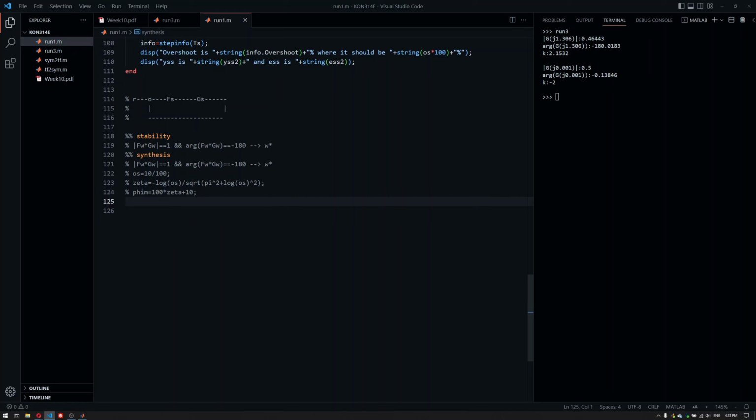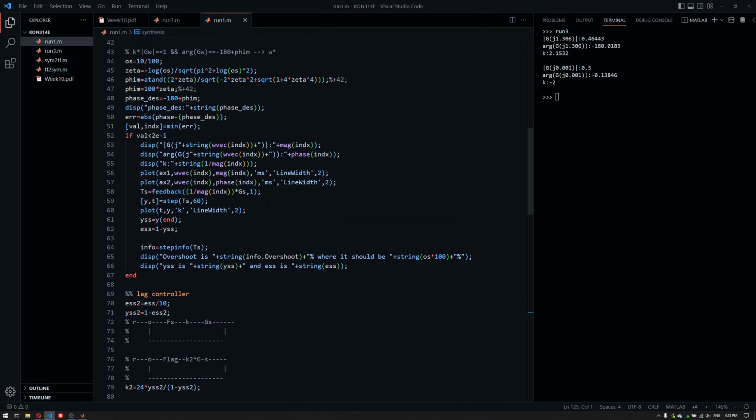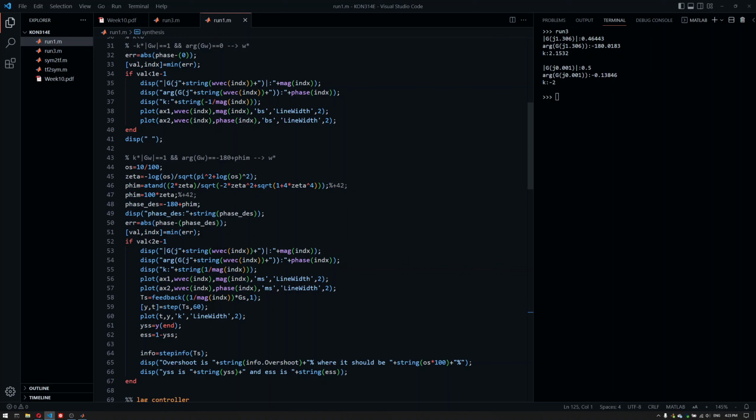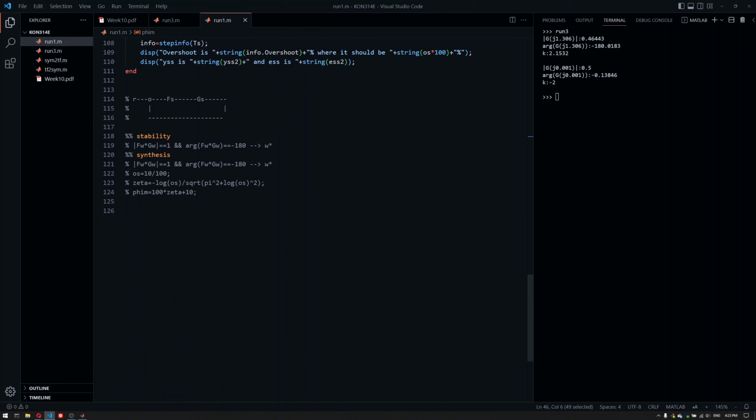So like this, for the lag controller, the 10 does not come without the lag controller. You should basically consider these two here, or maybe also the A10 version. If you're given the A10 version, use that one, or this one here, doesn't matter.